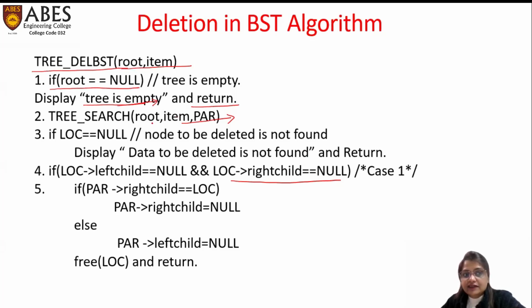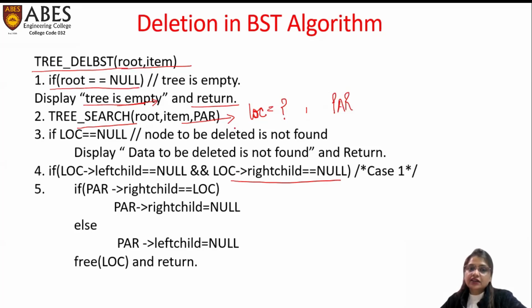We have already discussed this searching algorithm in my last lecture, in which we discussed two operations on a binary search tree, insertion and deletion. You can refer to the tree search algorithm in my last lecture, where I was finding the location of the item I wanted to find, as well as its parent position.